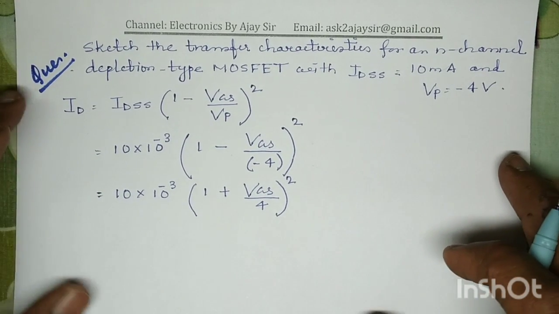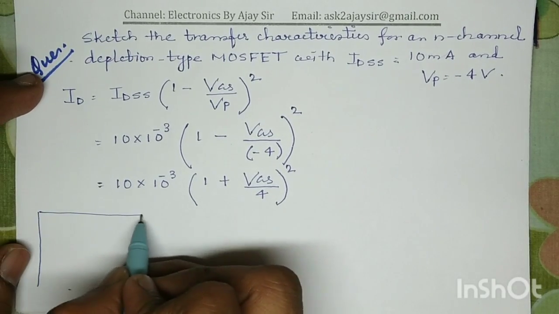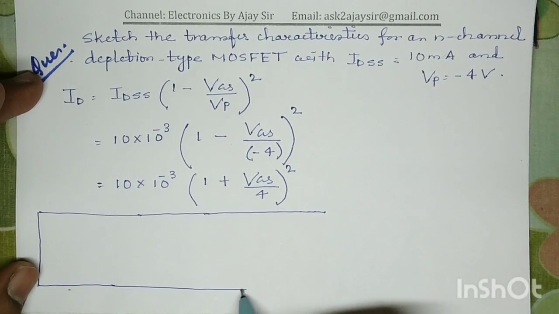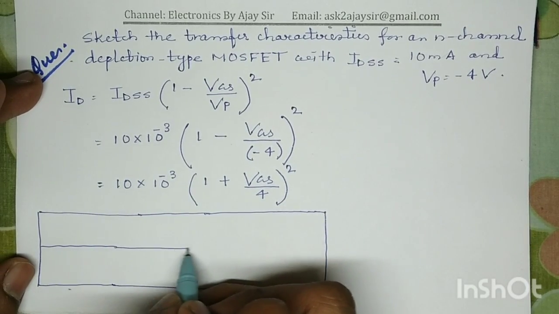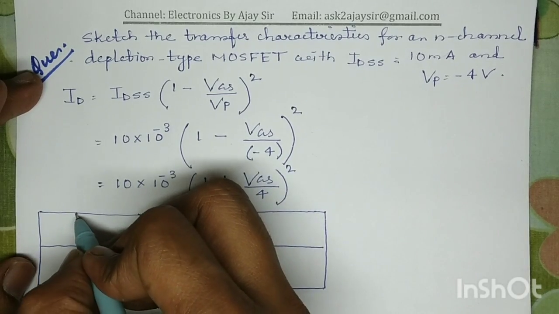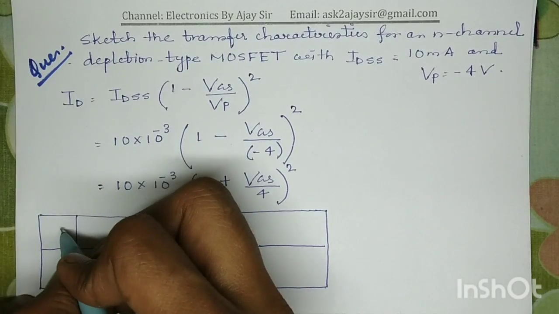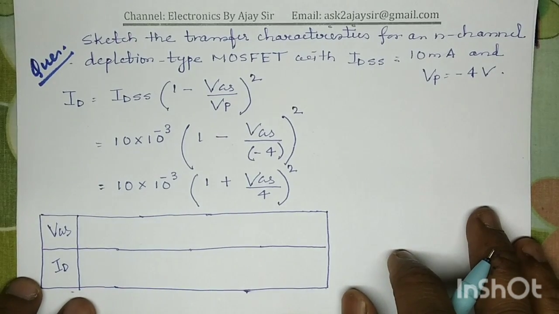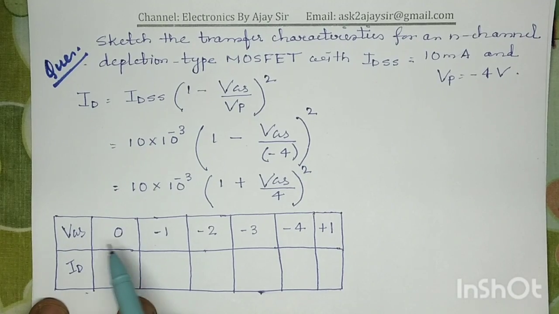Next we will take some points. VGS, and this one is ID. So here I have taken some coordinates: VGS equals 0, -1, -2, -3, -4 and +1.